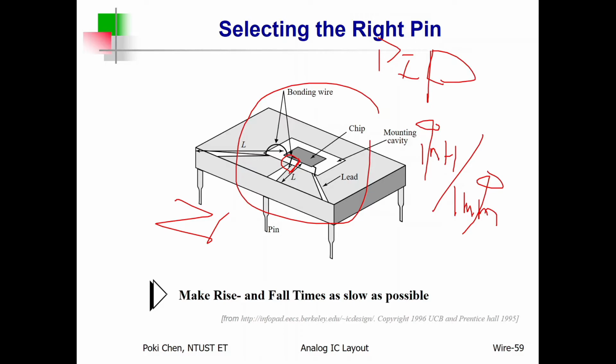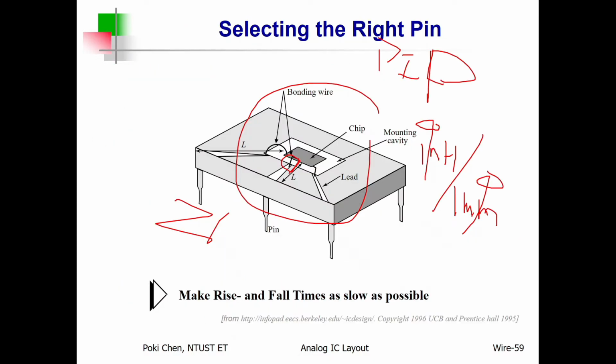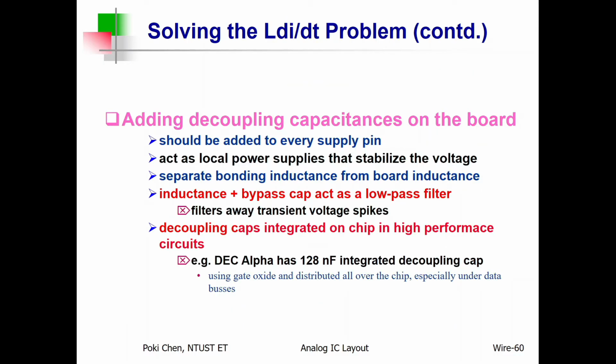You need hundreds of I/O pins, so it is really hard for you to select. Anyway, careful selection is only good for a small chip, a chip that consumes very little current. You can make it in this way.